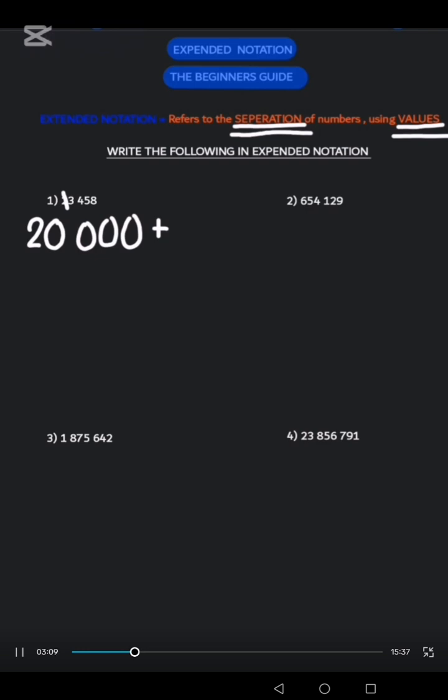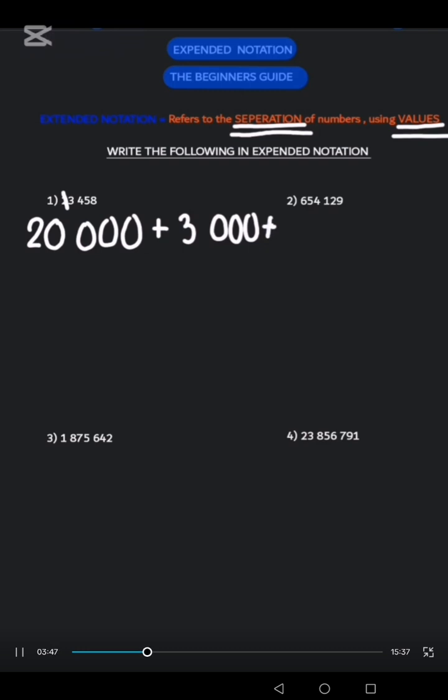Now the next number is 3, and 3 is going to equal 3,000, because we are only focused on the value of this number. We scratch out the rest of the other numbers, but we change them to the value 0. Then we add a positive sign, and that will be our next number.